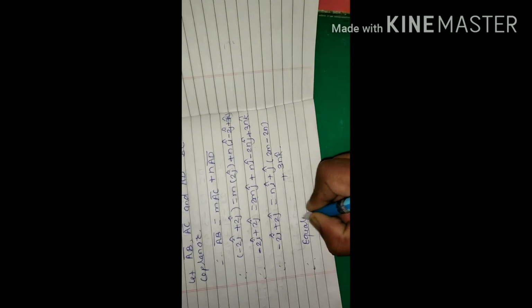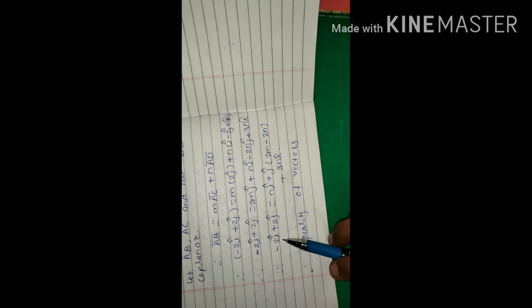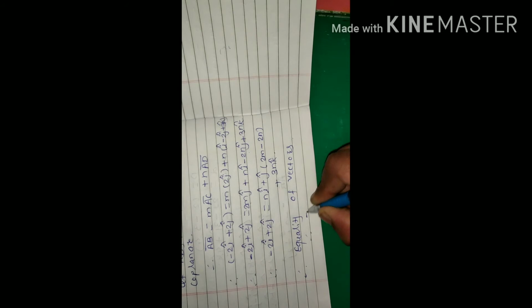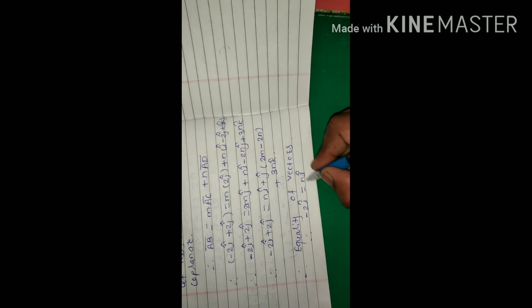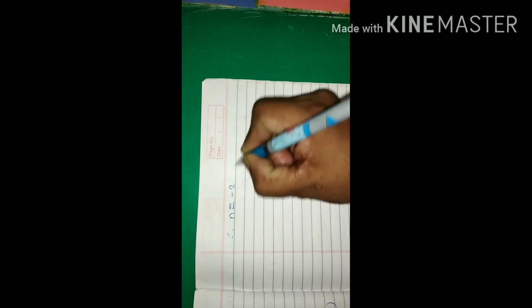We use the equality of factors here, that is i cap, j cap and k cap. We get minus 2i cap is equal to n i cap. Therefore minus 2i cap is equal to n i cap. i gets cancelled and we get the value of n is equal to minus 2. We will give this equation number first.